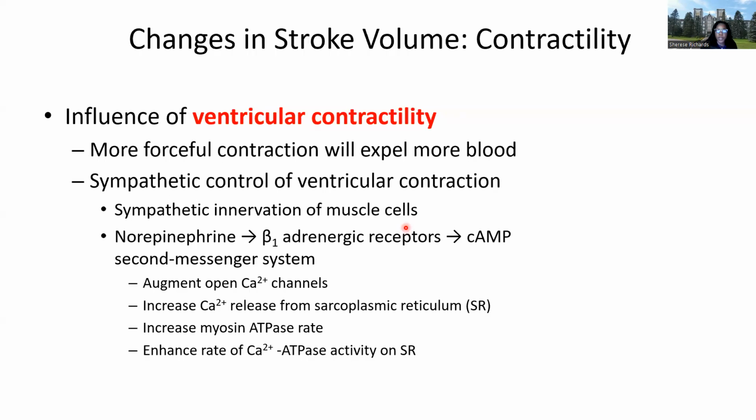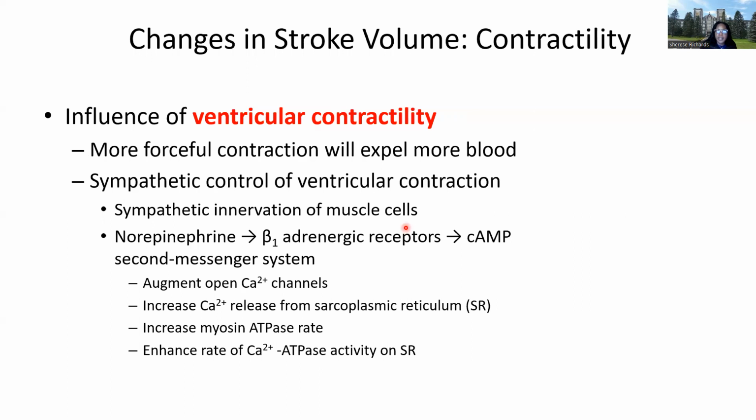Now, let's start with the first one, which is the ventricular contractility. If the heart is beating more forcefully, it will expel more blood, okay? Therefore, if there's more of a sympathetic influence, which will encourage more forceful ventricular contraction, then that will encourage more stroke volume to be ejected from that chamber.